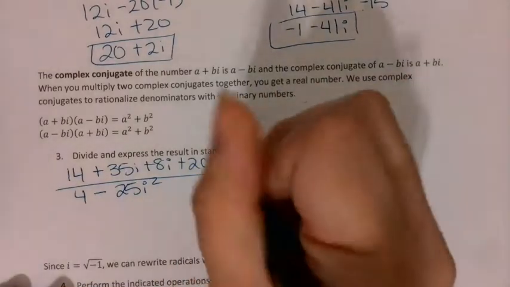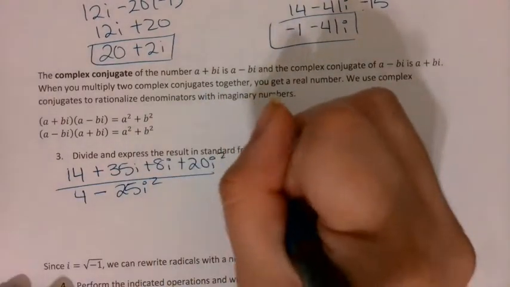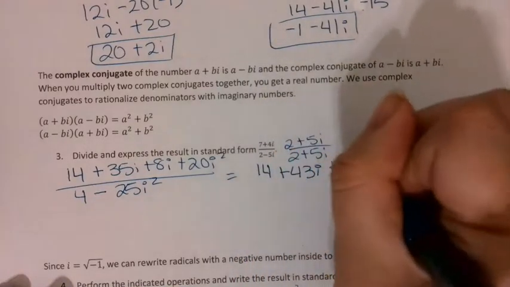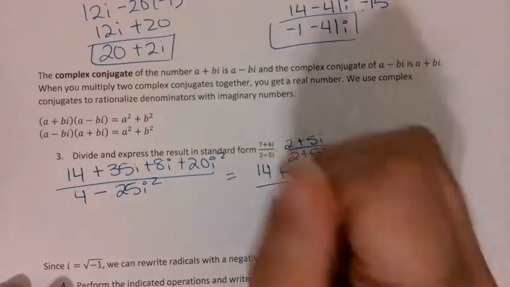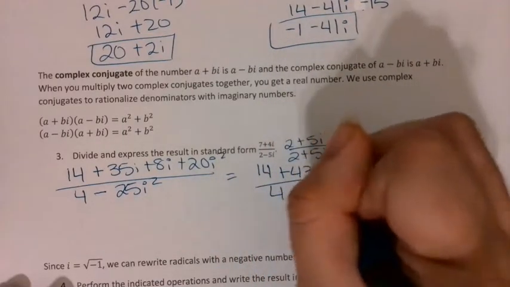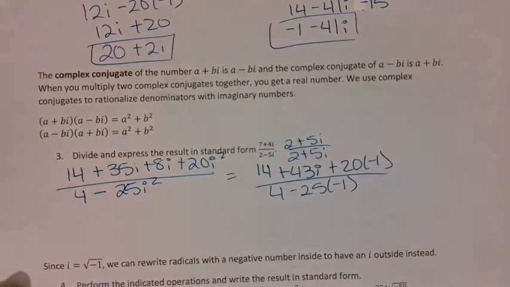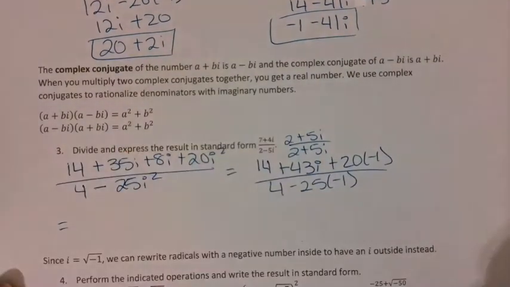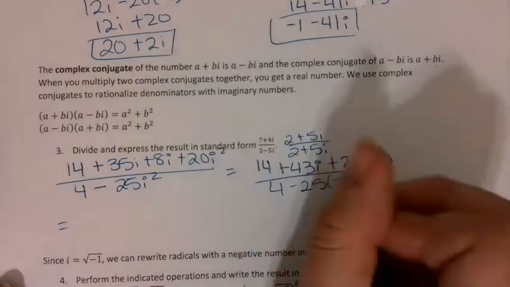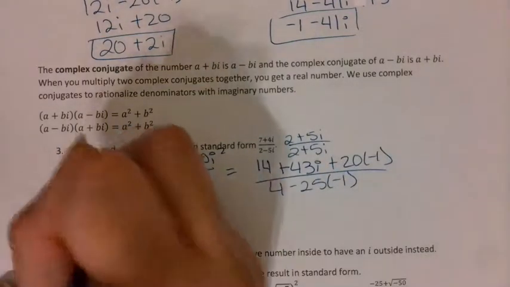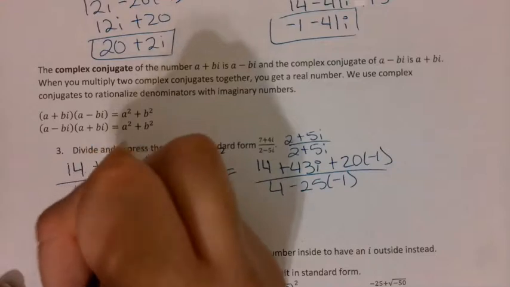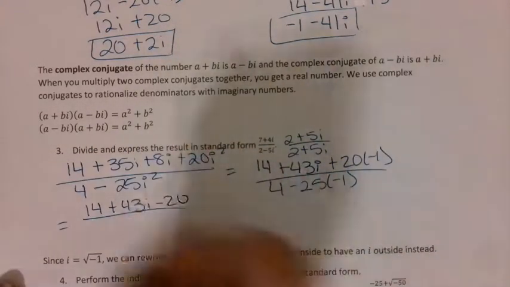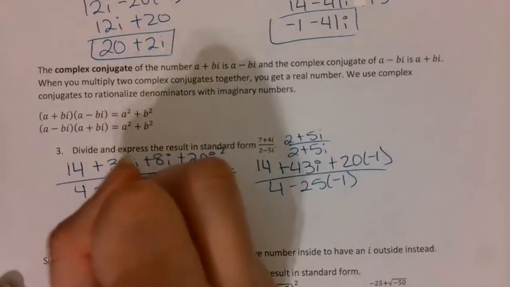Okay. Then I want to rewrite. On my top, I have 14 plus 43i plus 20 times -1. On the bottom, I have 4 minus 25 times -1. Then I want to rewrite. On the top, I have 14 plus 43i minus 20 over 4 plus 25.